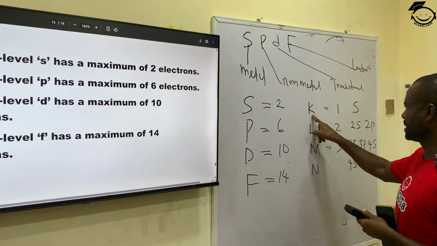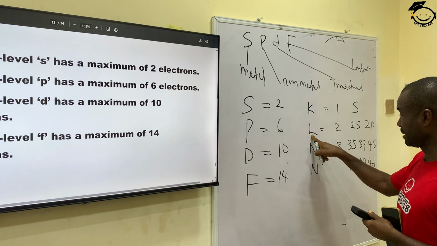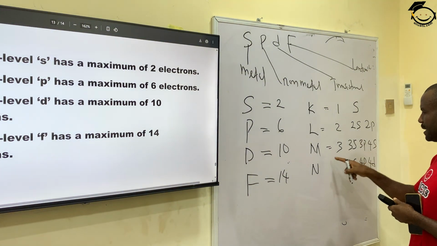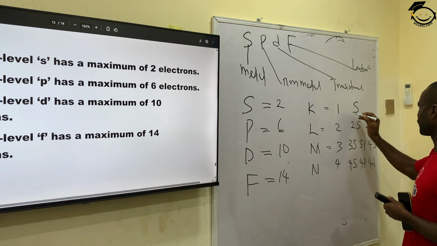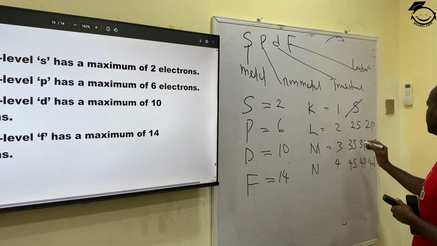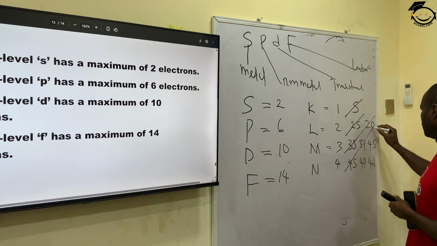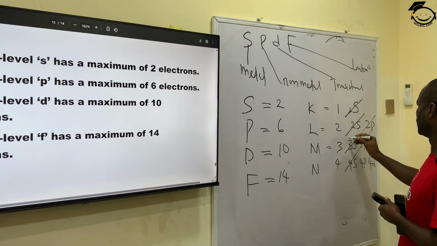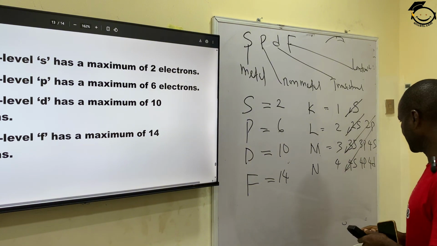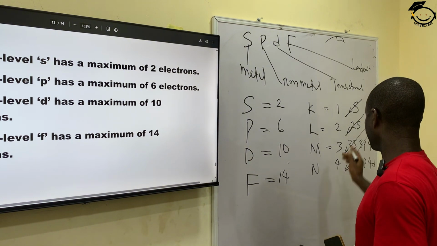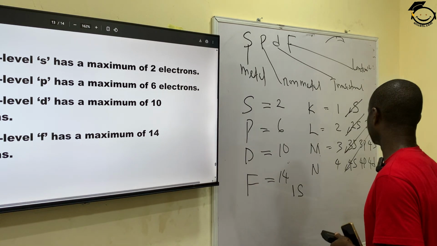So, like I repeat, this is the first shell, 1S. The second shell, which is L, has 2S and 2P. Then M, this is the third, and N the fourth. So you can arrange this way, following this trend. You can see the arrow is pointing backward. So in this case, we have the first shell being 1S.